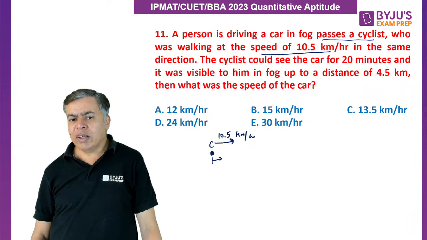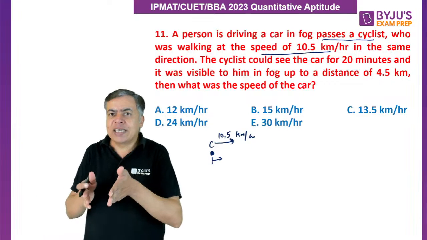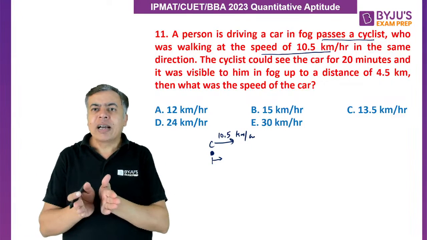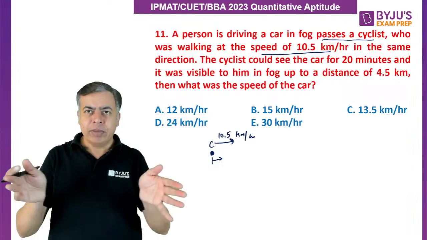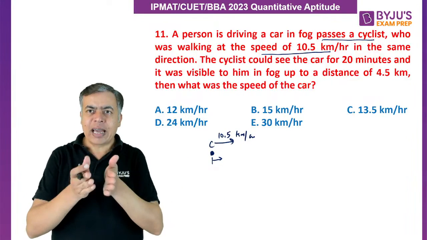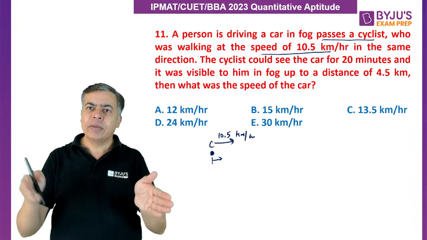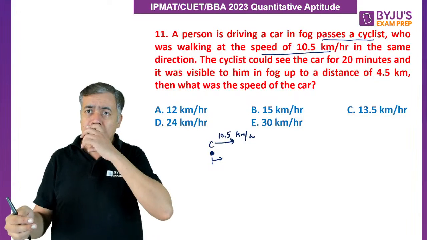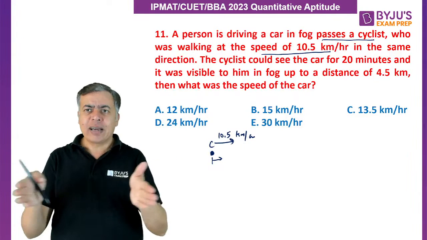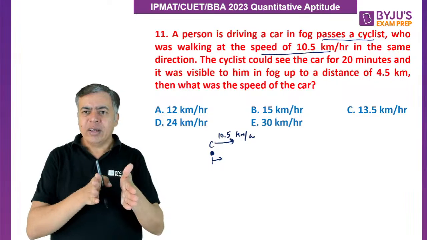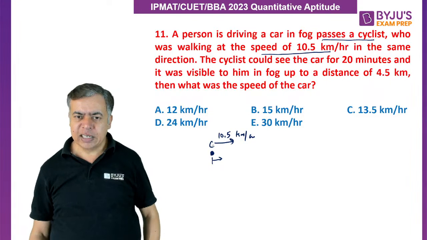When they are both moving in the same direction, a gap will start being created. This is the cyclist, and there is a car.